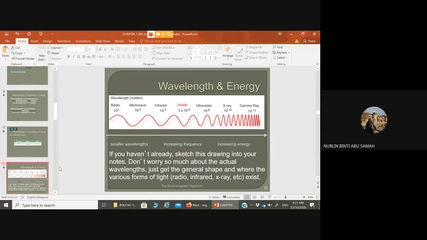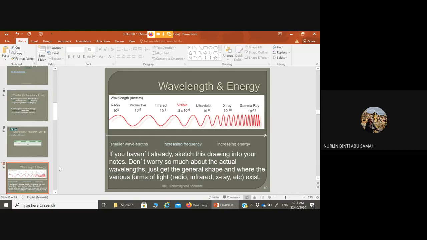The next one has a bit higher energy but a shorter wavelength, which is microwave. This microwave is just like what you use at home. Next is infrared, IR, which has a bit higher energy compared to radio and microwave.